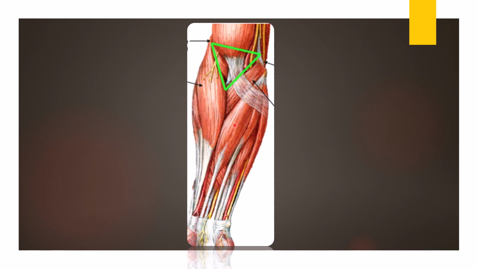The next one is a deep fascia modified structure we can see here. That is also of clinical importance. This is the bicipital aponeurosis, and this is the biceps muscle. This bicipital aponeurosis is nothing but a deep fascia modified structure.